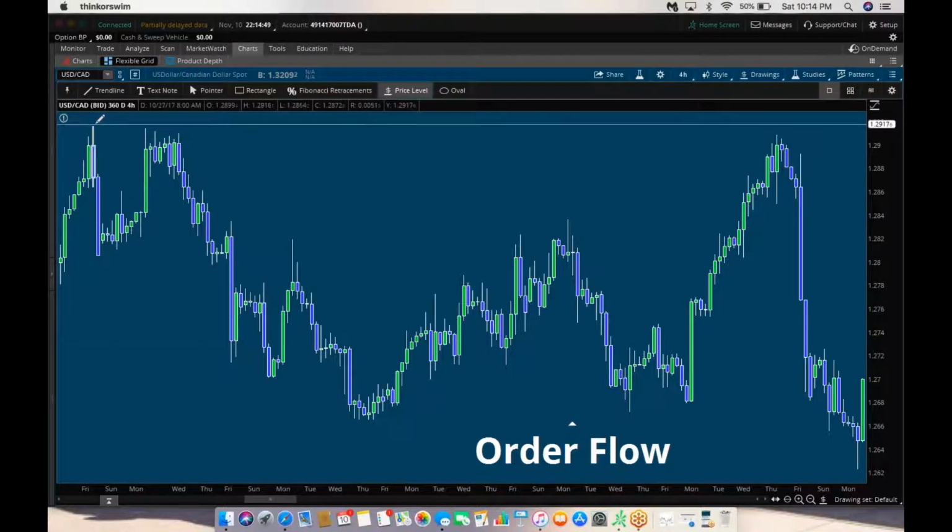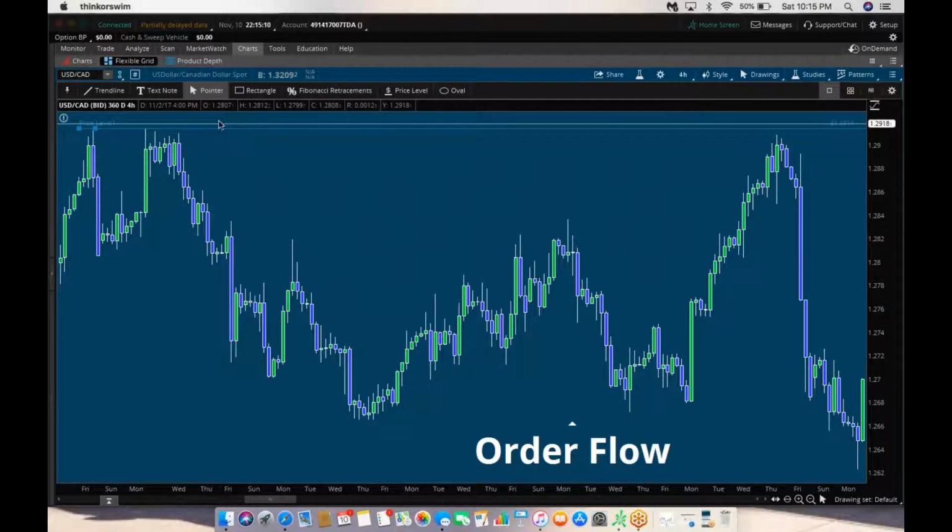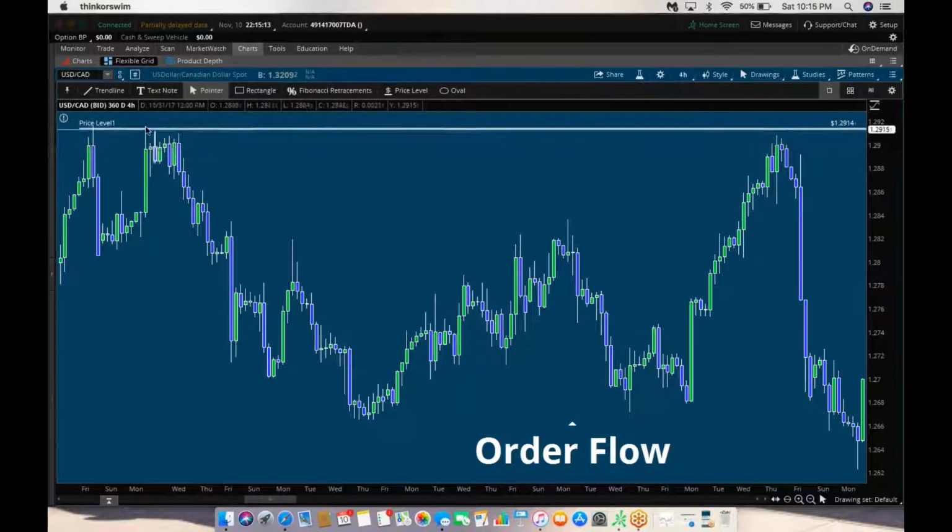This is going to be order flow here at the top, and it definitely looks like supply, as you can see. It lets us be in the area of supply, and you know where to be in that zone. Yes, I do take the wicks into consideration, because this is giving me the very high of that price.